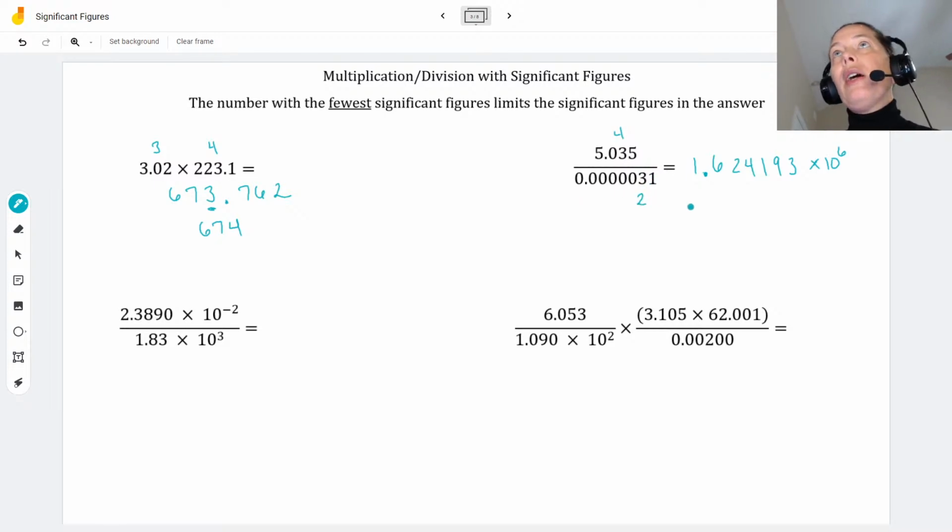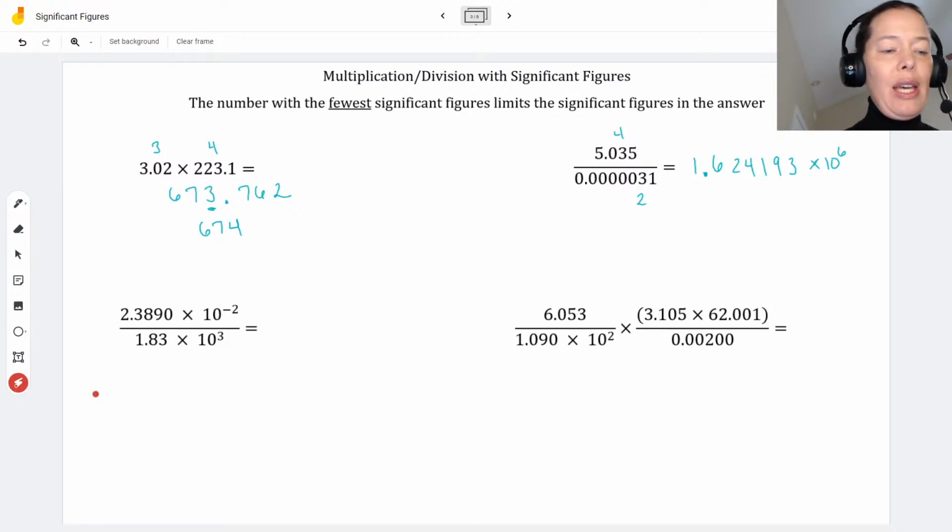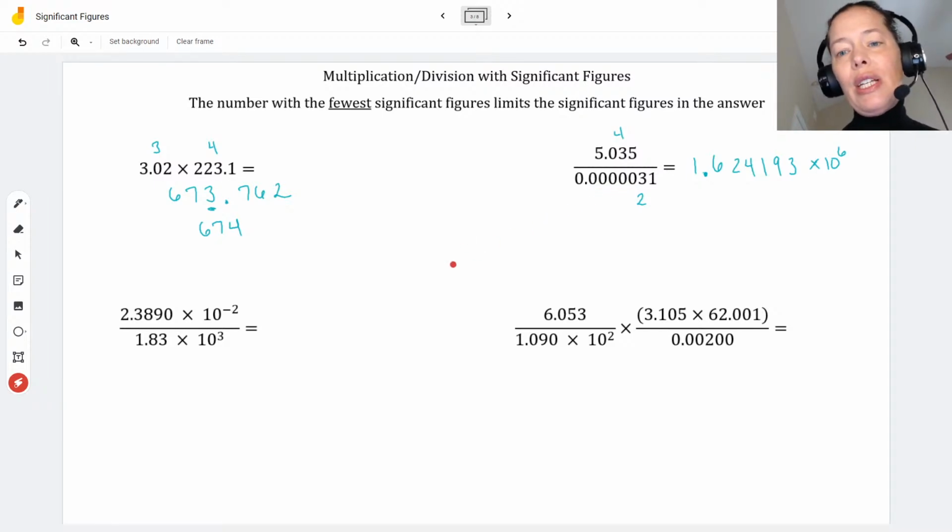So I didn't actually write the rules down for zeros, but remember that these 5 zeros here are leading zeros. They are not significant. So for a 0 to be significant, it needs to be to the right of the decimal and to the right of another significant digit. So these zeros are to the right of a decimal, but they are not to the right of a significant digit, so they are not significant.